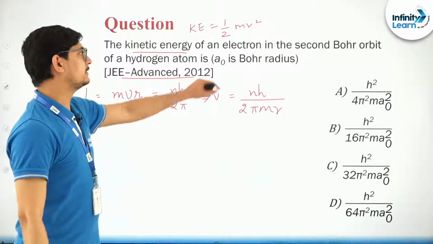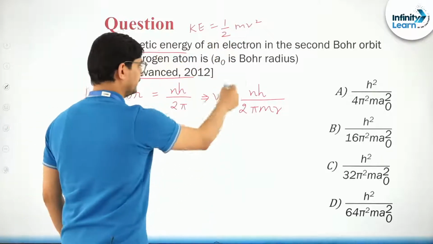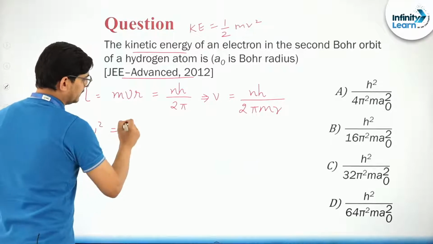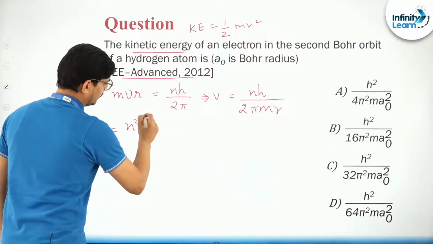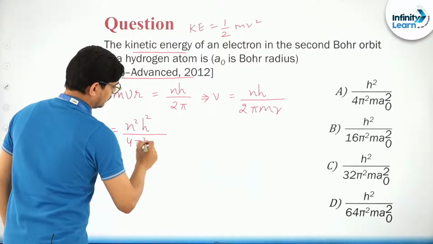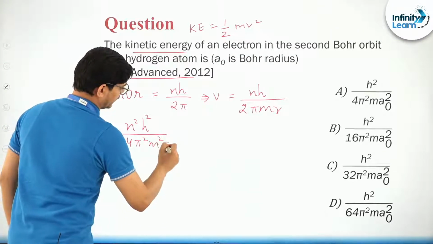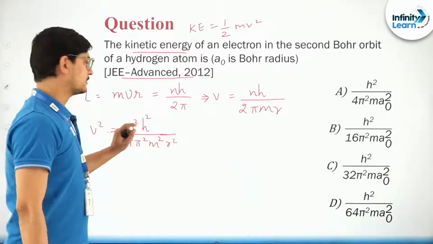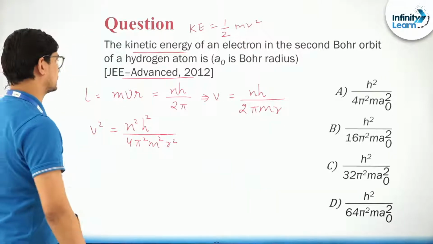So basically I need the formula for v square. If v is this, v square will be n square h square upon 4 pi square m square r square. So this is the expression for the square of velocity.